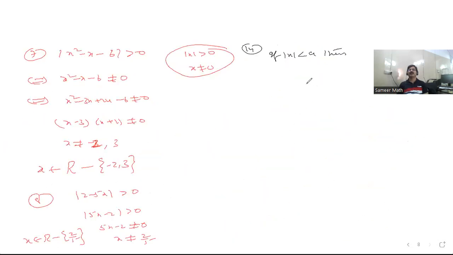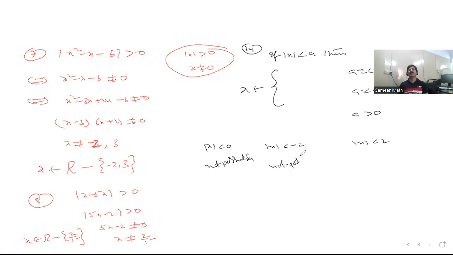Here a may be 0, a may be less than 0, or a may be greater than 0. Same story: mod x less than 0, mod x less than minus 2, mod x less than 2. Is this possible? Not possible. Certainly not. A positive quantity cannot be less than a negative quantity. So these two are empty sets.